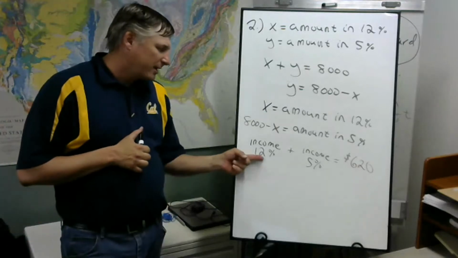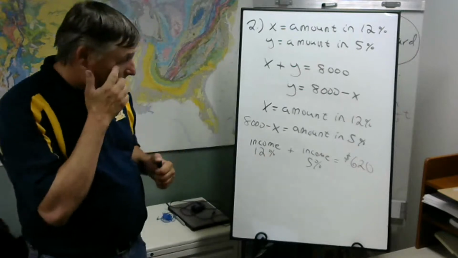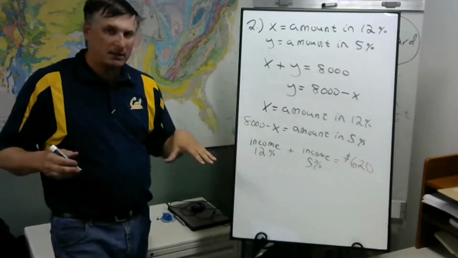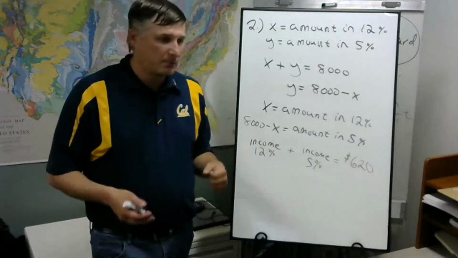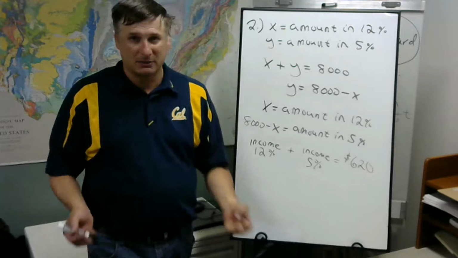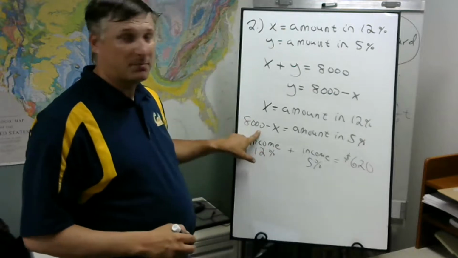So we need to express the income for each of these. Now, the income from the 12% means we take the 12%, or 0.12, and we multiply it by the amount in that stock. In this case, it's going to be 8,000 minus X.